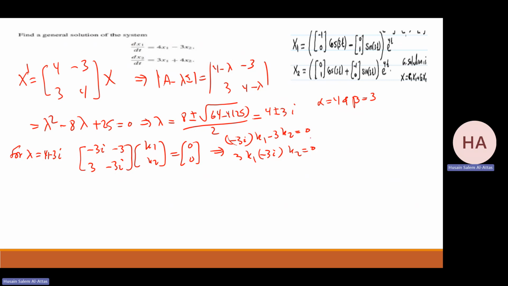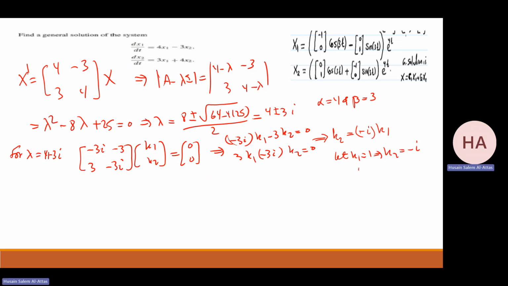So I can say k2 equals what? I don't want to divide by i. So k2 will be equal to, take it to the other side and divide by 3, minus i k1. So I let k1 equal 1. K2 will be minus i.